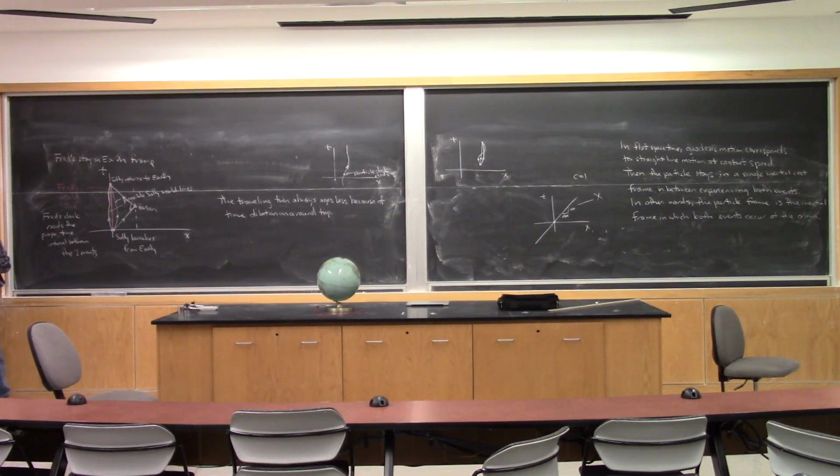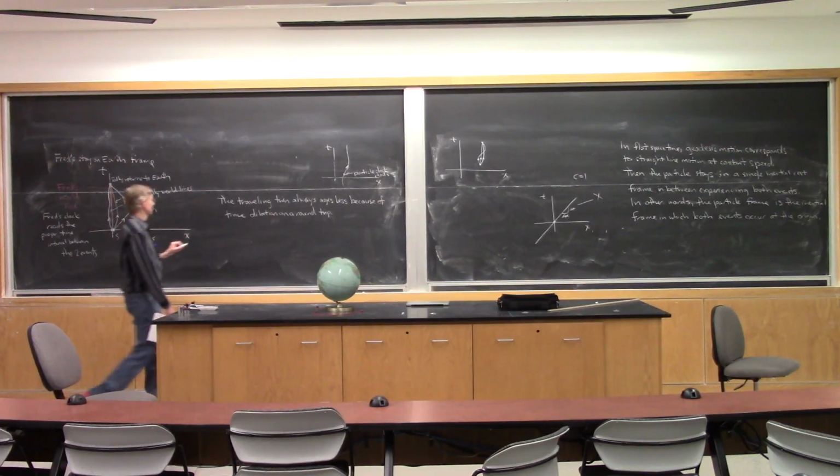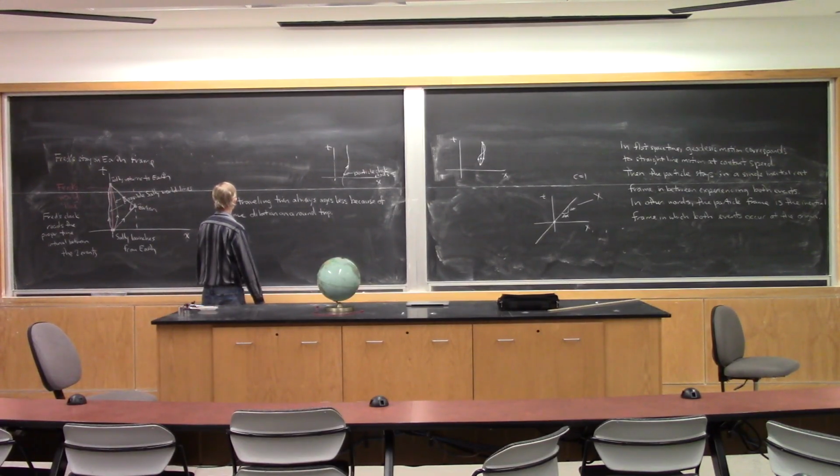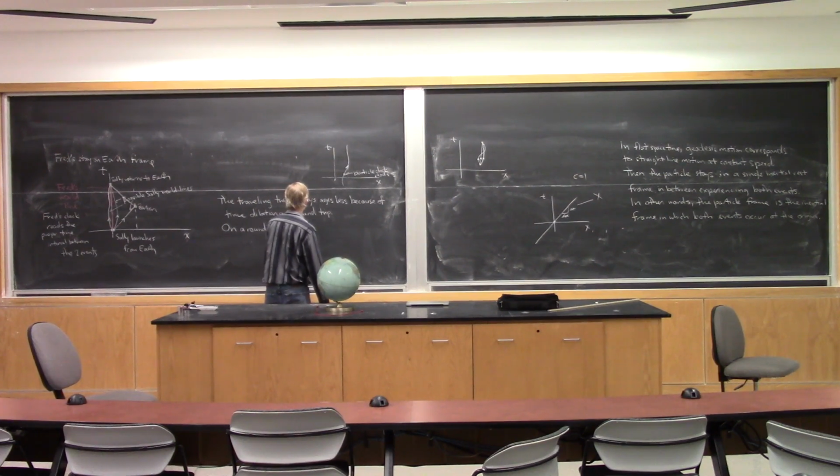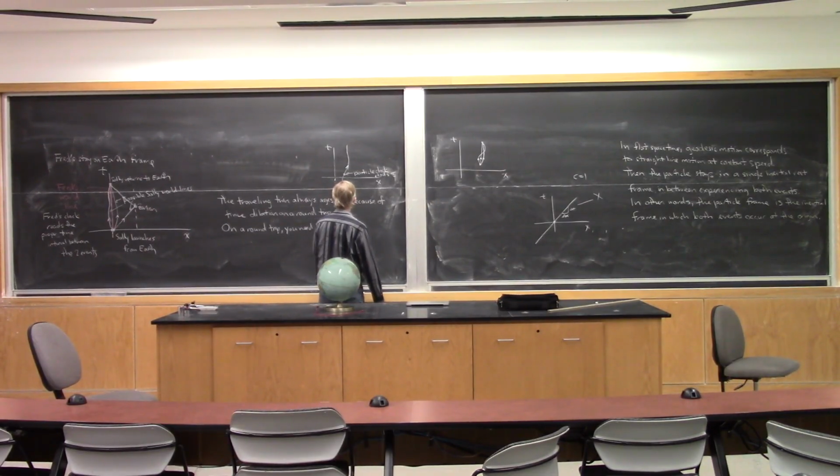So the traveling twin always ages less because of time dilation on a round trip. On a round trip, you need to turn around somewhere, maybe even be continuously doing it for a while.